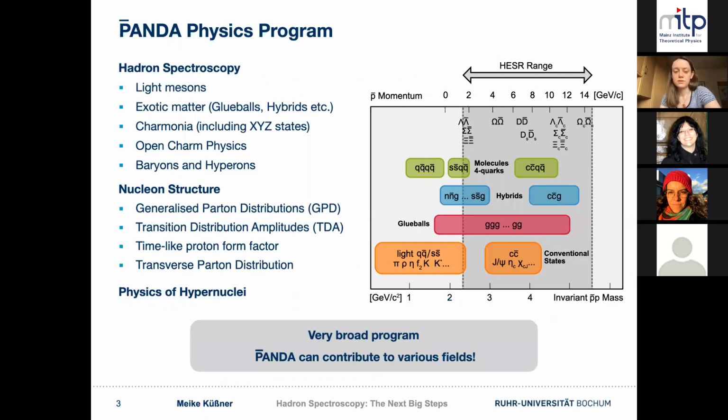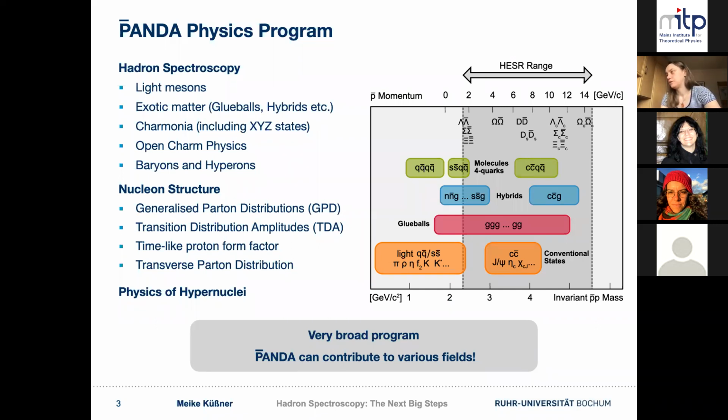So the PANDA physics program is rather broad. PANDA aims to study the hadron spectroscopy sector, which means light mesons, including exotic matter, also charmonium with the XYZ states, open charm, and also baryon and hyperon spectroscopy.